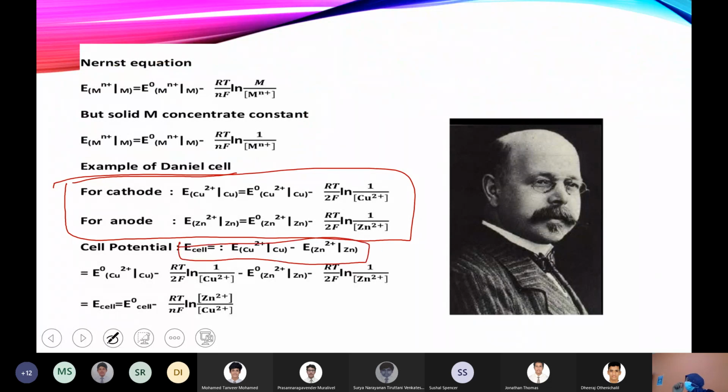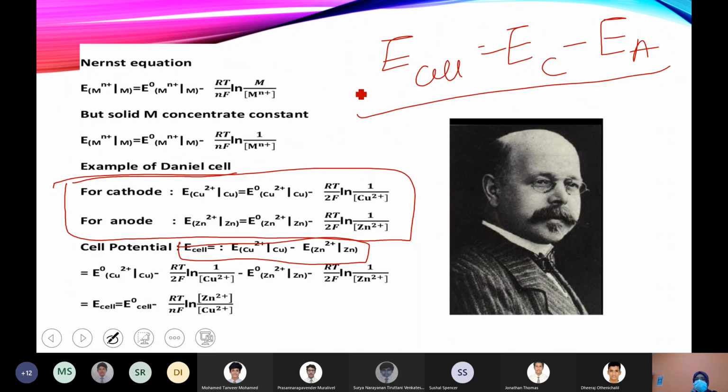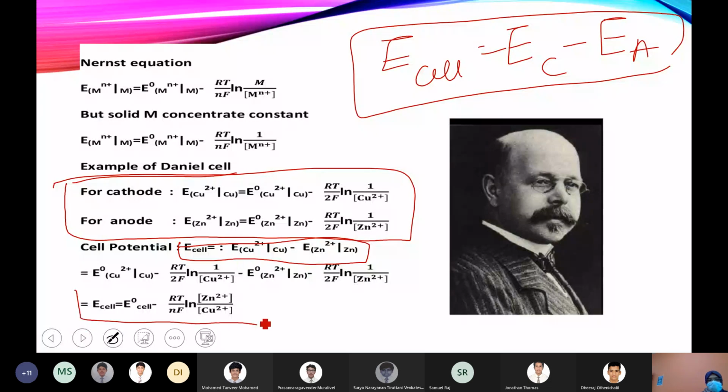We already learned that equation. The cathode is copper here and the anode is zinc. After substituting everything, this is the final equation you get for the Daniel cell.